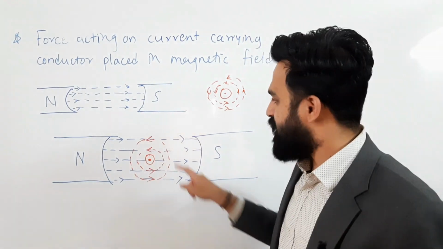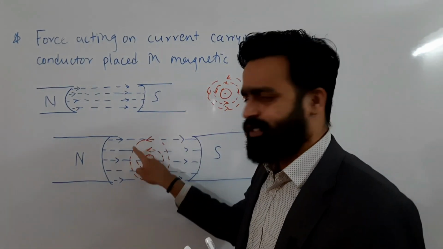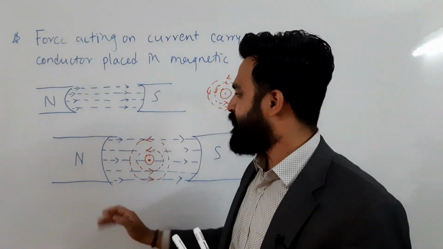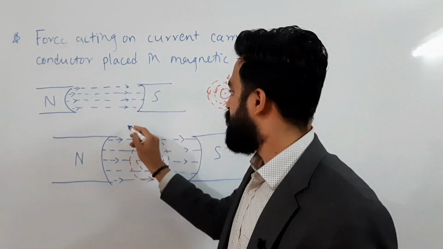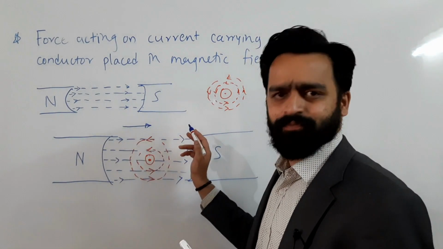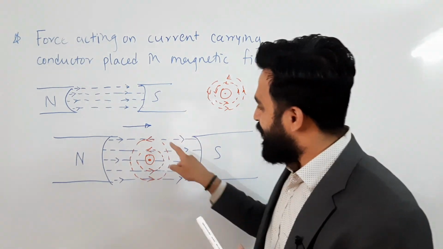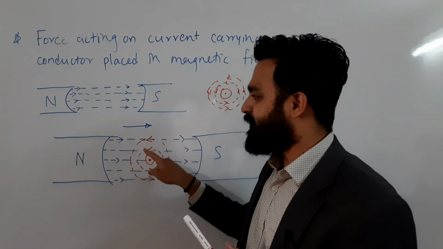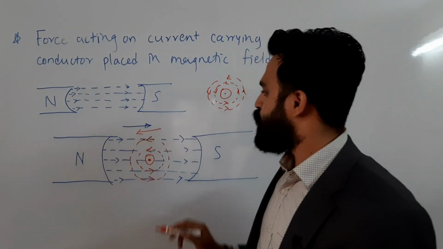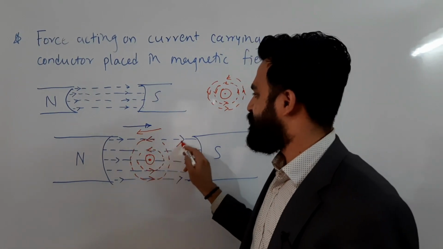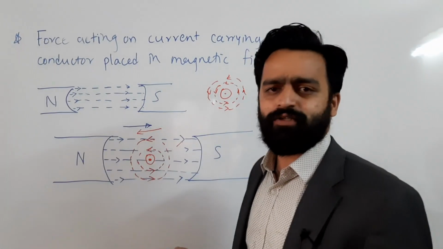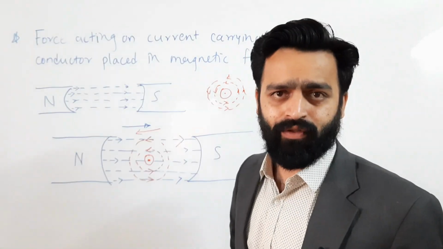Now if you see this upper section, the magnetic lines of force due to the original magnetic field are moving from left towards right, or in this direction. Okay, but the magnetic field produced due to current carrying conductor is flowing in this direction. So in this part of the magnetic field, there will be flux cancellation because there are two magnetic fields moving in opposite direction.